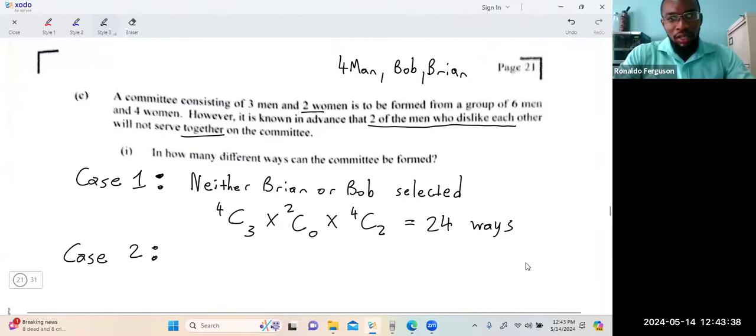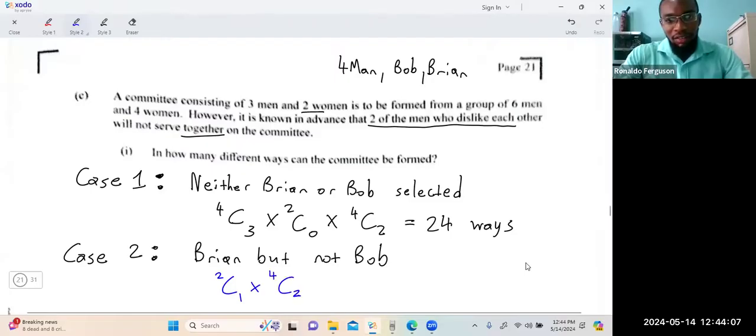Case 2 now, let's say Brian, but not Bob, because Brian doesn't like Bob. That's just how I process it, right? Brian, but not Bob. So if we choose Brian, we choose one of the 2, but not Bob. That means if we choose Brian, only 2 other guys can be chosen from the other 4.